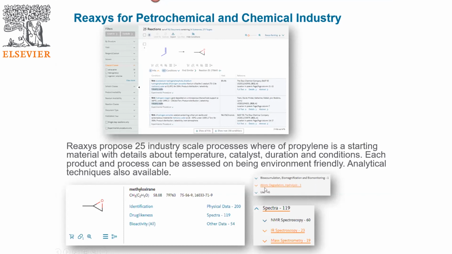You can use abiotic degradation and biodegradation data to assess if these compounds are green. You also can leverage the application information to understand how to use these compounds.